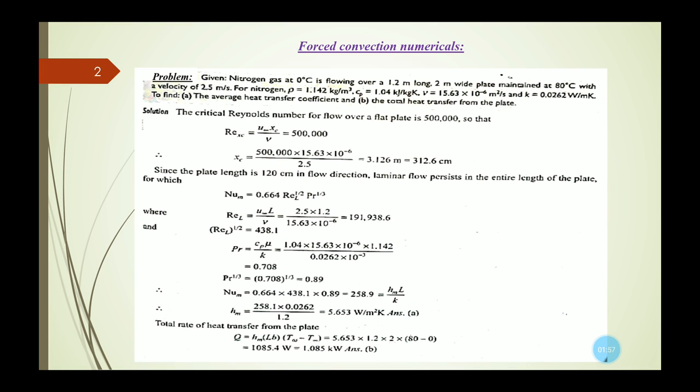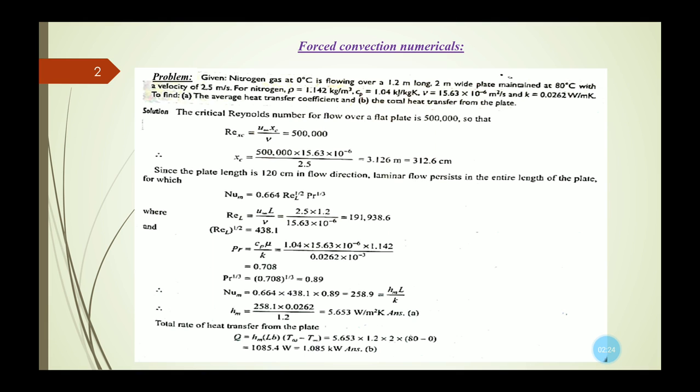So the first question states that nitrogen gas at 0 degree centigrade is flowing over a 1.2 meter long and 2 meter wide plate maintained at 80 degrees centigrade with a velocity of 2.5 meter per second.